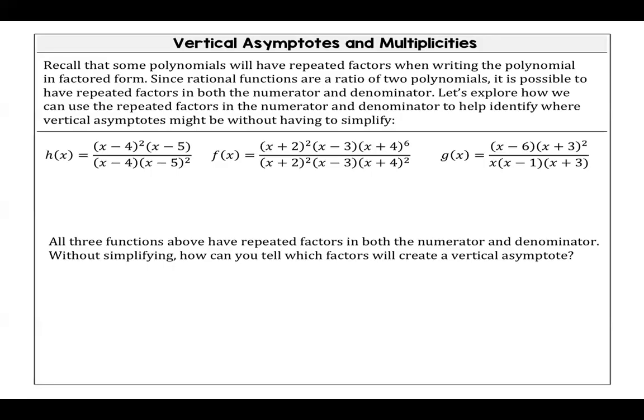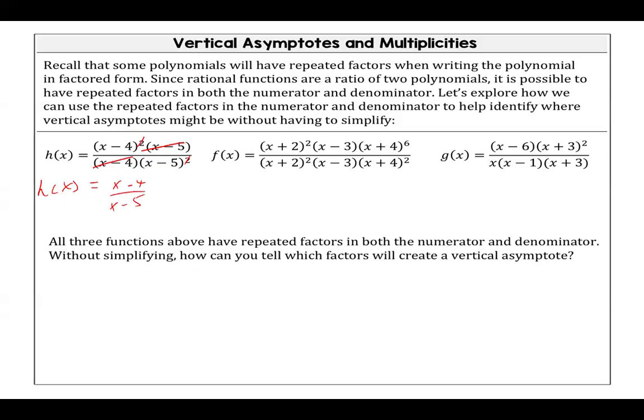So when I go in here, I have a factor that eliminates. Agree? Okay. What I'm left with after I simplify h of x is (x minus 4) over (x minus 5). Because I'm still left with that x minus 5, it's not a hole.